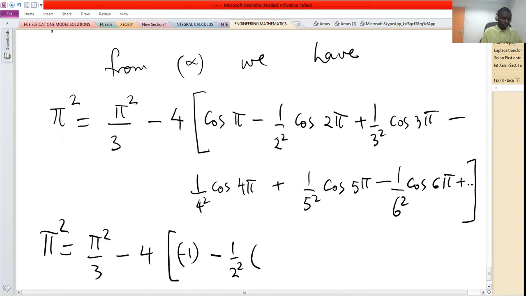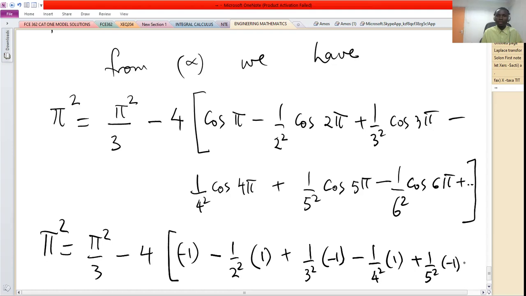So cosine of 2 pi is 1. Cosine of 3 pi is -1. Next will be +1. Next will be -1, etc.